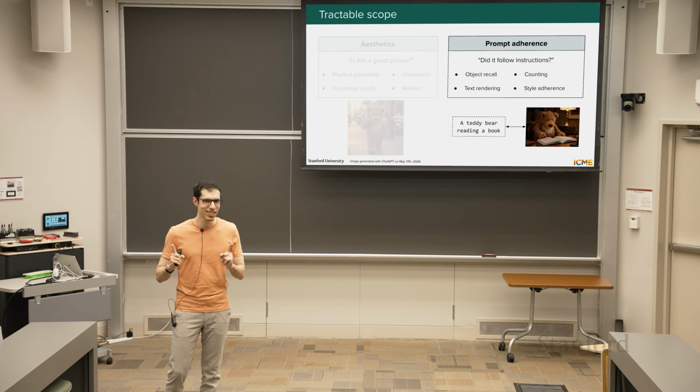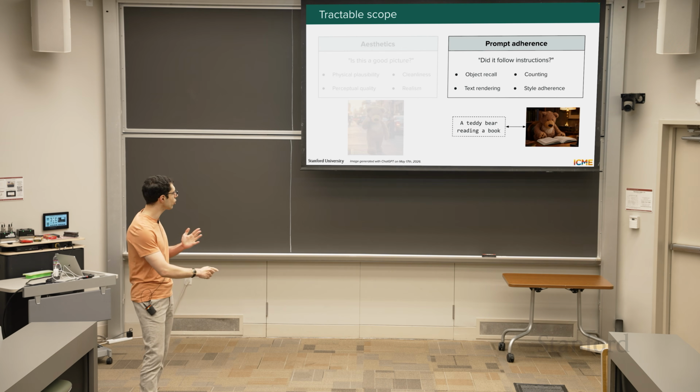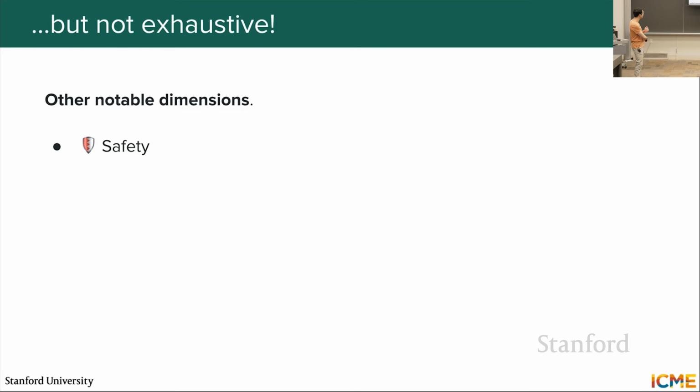But I mentioned that these two categories are not exhaustive. Of course, you have a bunch of other criteria that you can think of. So I'll just name a few. The first one is safety. So you want to make sure you're not depicting things that are interpreted in an unsafe way.